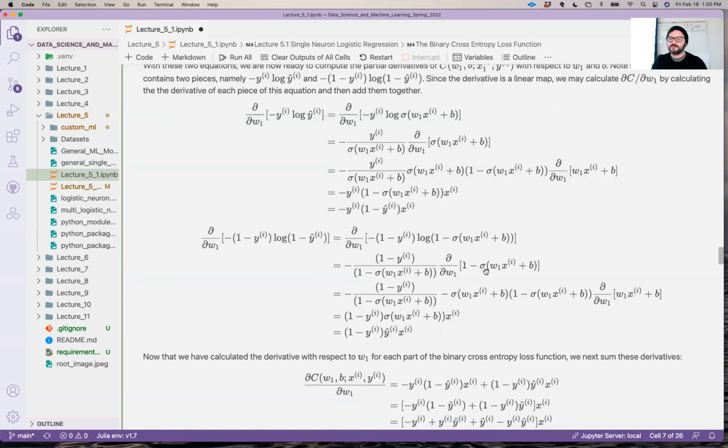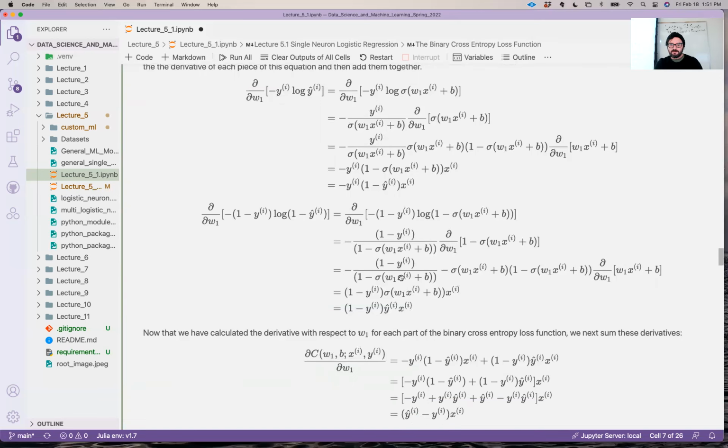Because I apply dw to this right here, the derivative of 1 is 0, minus the derivative of sigmoid. So it'll be minus sigmoid times 1 minus sigmoid, times the derivative of the inside. So the chain rule is happening twice, on the log and then on the sigmoid. And the coefficient of W1 here is again x. So we simplify this all out and it becomes this.